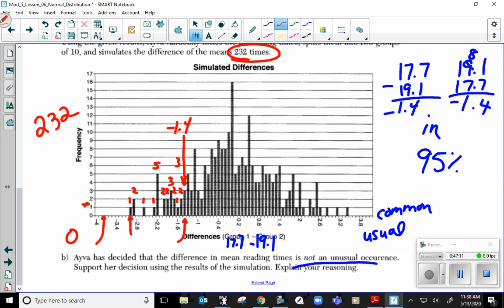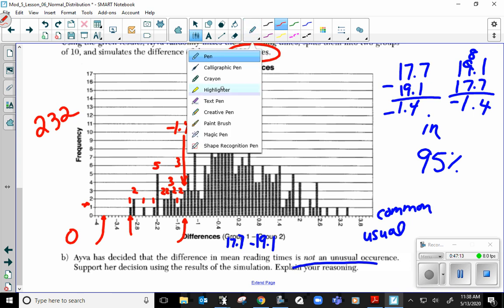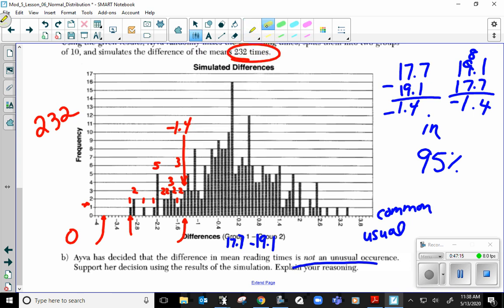So I've got to add up all of these numbers. 1, 2, 3, 4, 5, 10, 11, 12, 13, 14, 15, 18, 19, 20, 21, 22, plus 3 is 25.